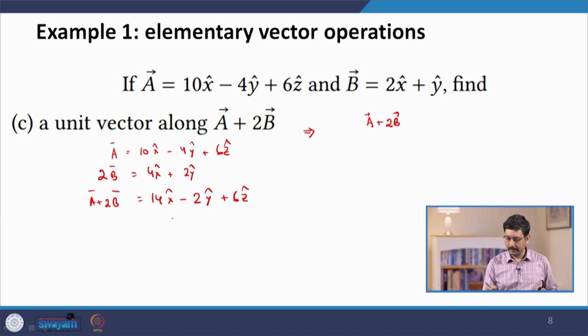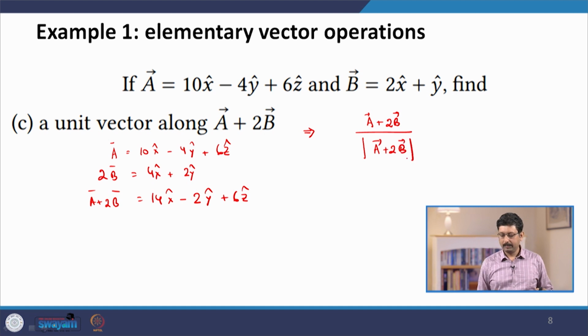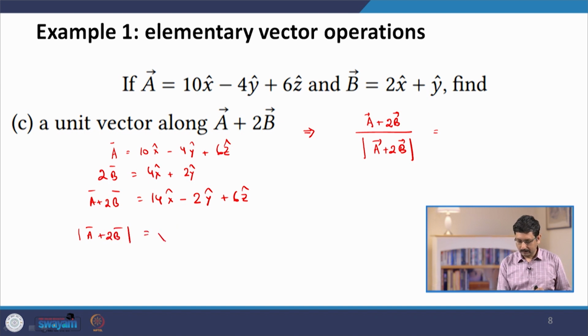So, we have found the vector which is a plus 2b. Now, if I divide it by the magnitude of a plus 2b, that represents the unit vector along a plus 2b. So, we need to find the magnitude. So, the magnitude is 14 square plus minus 2 square plus 6 square.